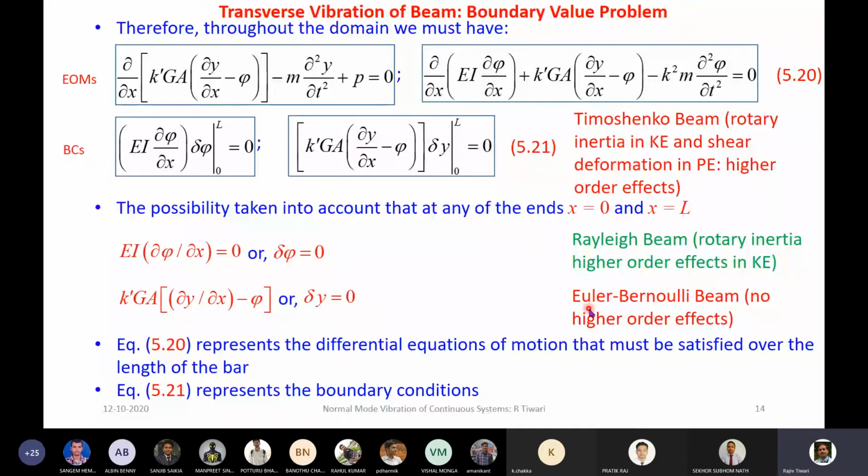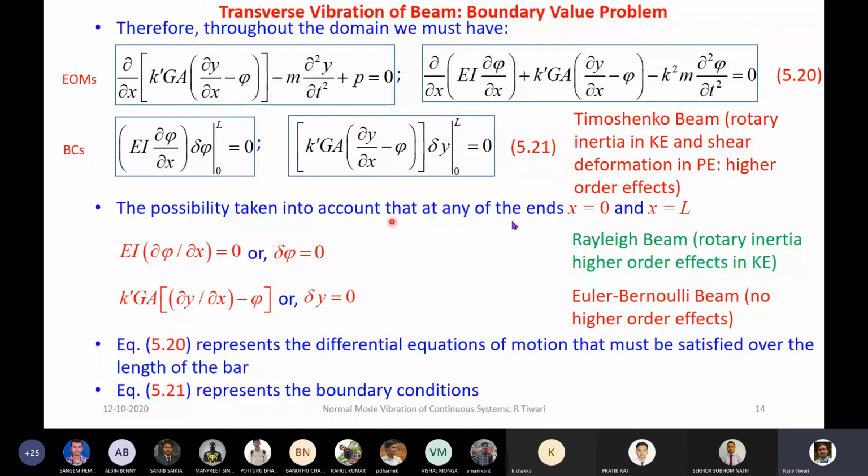We'll solve the Euler-Bernoulli beam, in which there is no higher order effect. We'll ignore the rotary inertia and the shear deformation, and that particular equation we will solve in closed form. Closed form means we'll get the equation which is having a final form of the frequency equation.